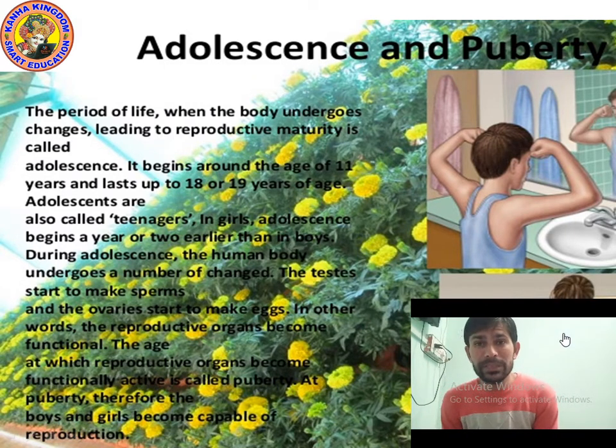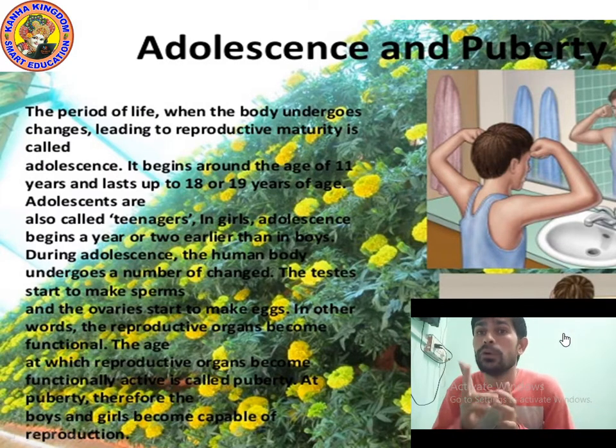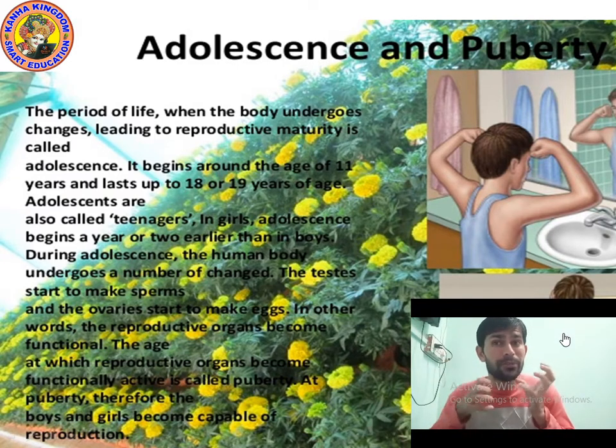Otherwise, the age between 11 to 19 is called adolescent, or they are also called teenagers. What is the meaning of adolescence? Adolescence and adolescent are different words. Adolescence is that period of life when the body undergoes changes and we move towards reproductive maturity.